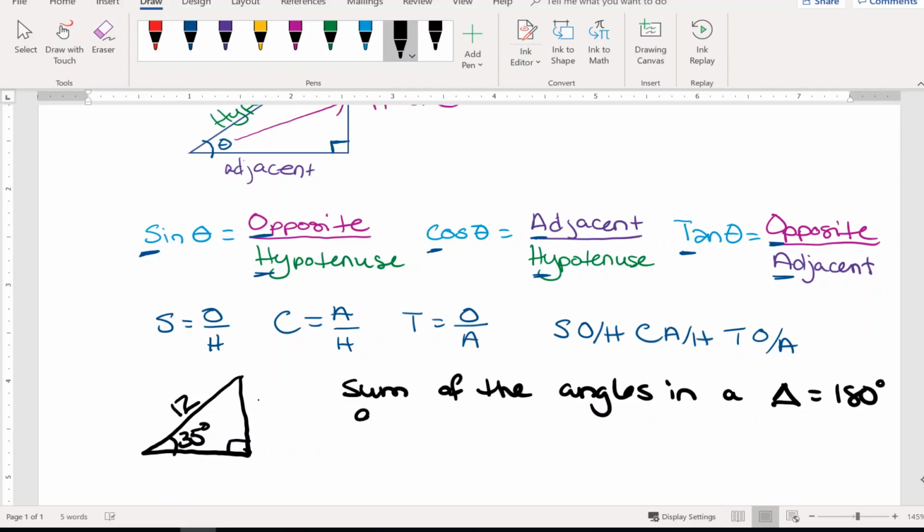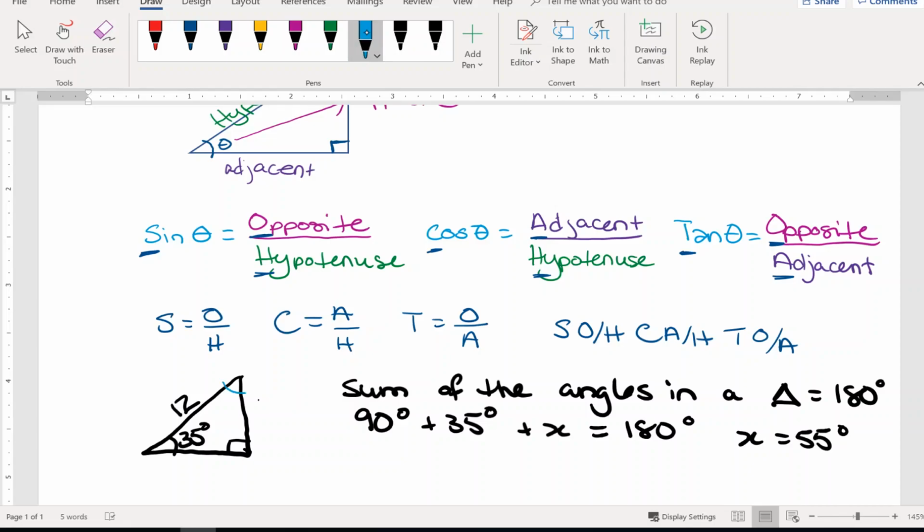So we already have 90 degrees and we have 35 degrees, and we just need one more, this one here, in order to get 180 degrees. And so we could solve for this, and that would be 55. So x is equal to 55 degrees, and that's this angle here.